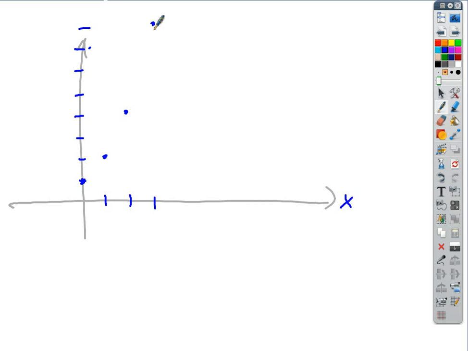If I were to graph the function y equals 1 times 2 to the x, this is what it looks like if I connect the dots. Notice how it takes off and starts to grow more and more rapidly, right? What's the starting value? 1. Now look what this is doing. Every time x increases by 1, we multiply by 2 to a bigger power of x.